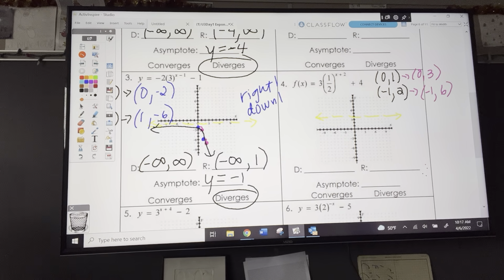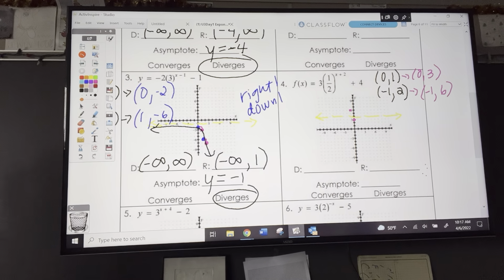I'm going to go ahead and plot those 2 points: (0, 3) and (-1, 6).